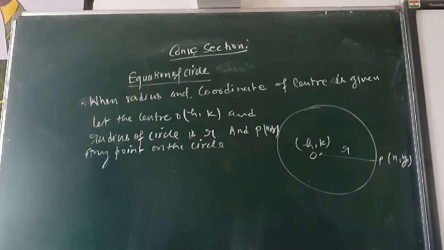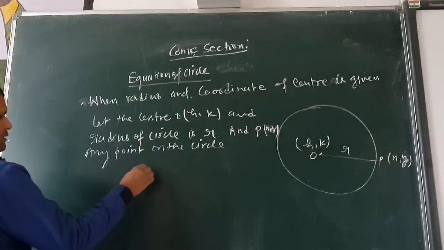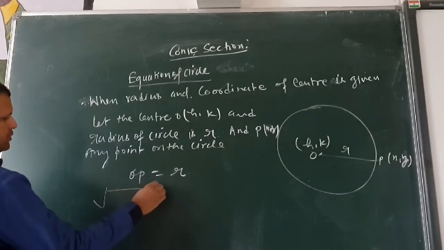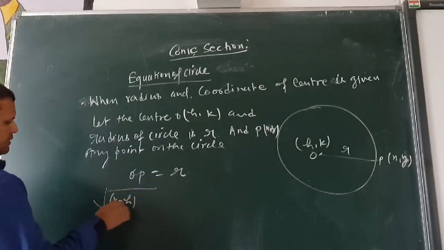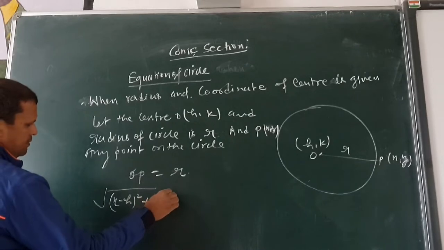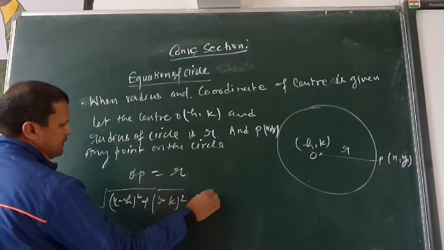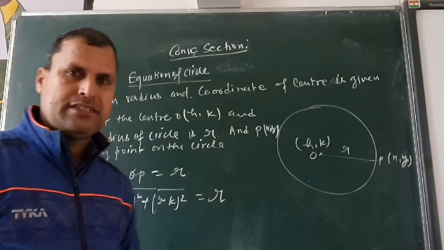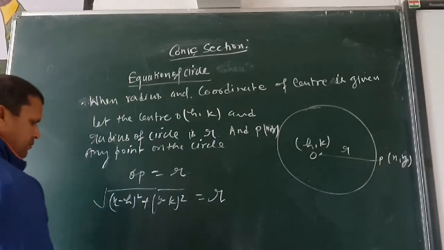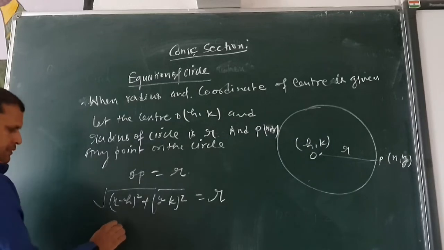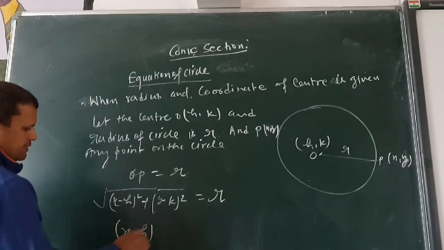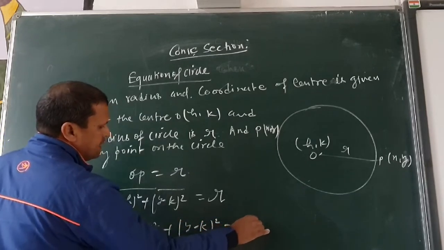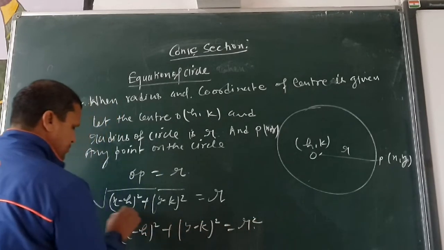So using the distance formula, OP equal to R, and OP equals the square root of (x minus h) whole square plus (y minus k) whole square, this is equal to R. So squaring on both sides of the equation, it is (x minus h) whole square plus (y minus k) whole square equal to R square.